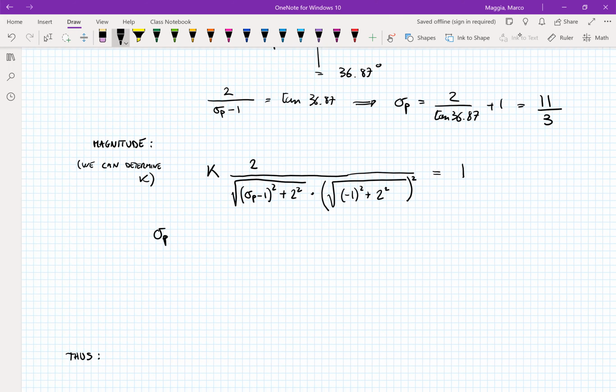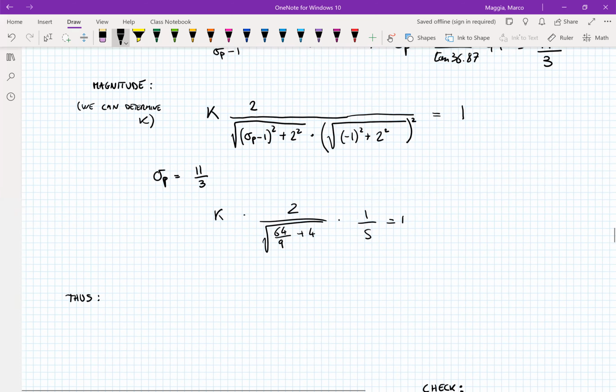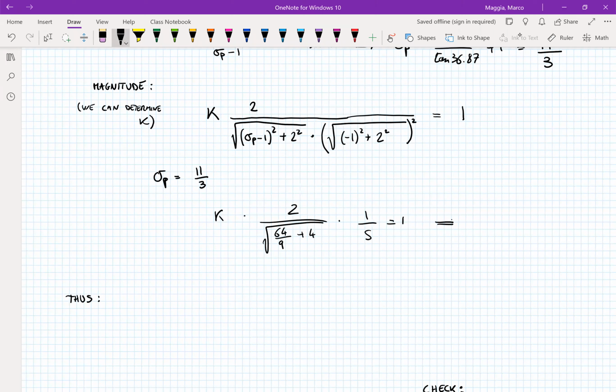Now we've just found that sigma p is equal to 11 over 3. So we have that K times 2 over the square root of 64 over 9 plus 4, times 1 over 5, has to be equal to 1. Or if you rearrange this, I skipped a step here, but it's going to be in the notes. K is equal to 25 over 3.